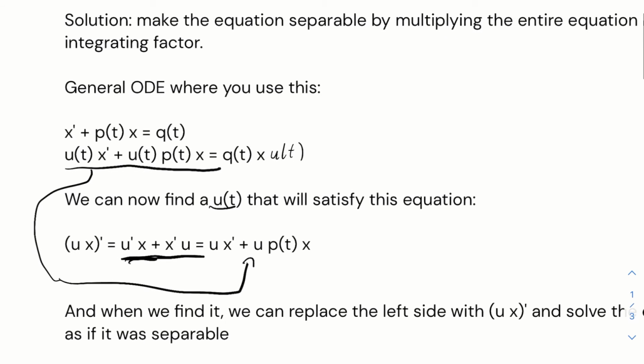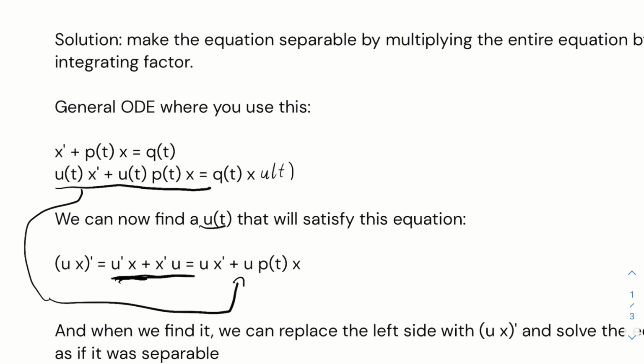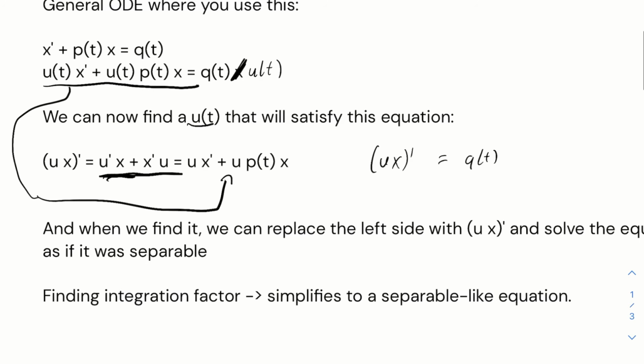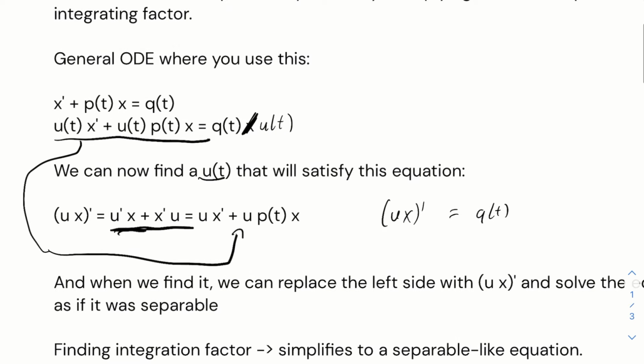And then when it becomes time to solve, I've got u of x prime, and then q of t times u of t.